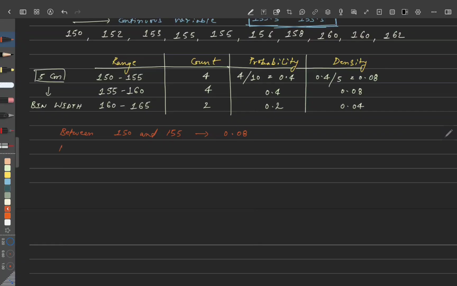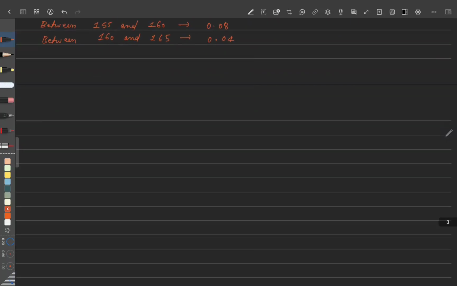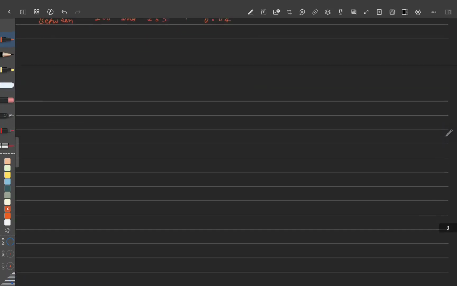Then between 155 and 160, the height of the curve is 0.08, and then between 160 and 165, the height of the curve is 0.04. So let us try and draw a probability density function from this data.